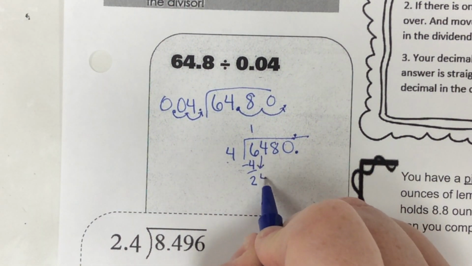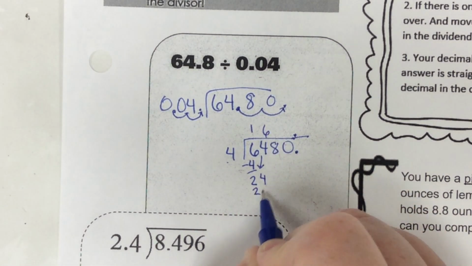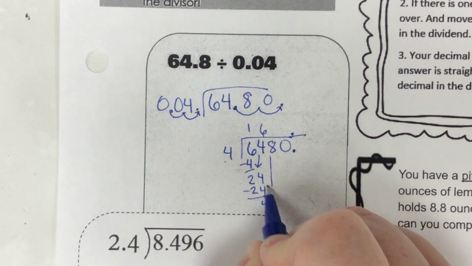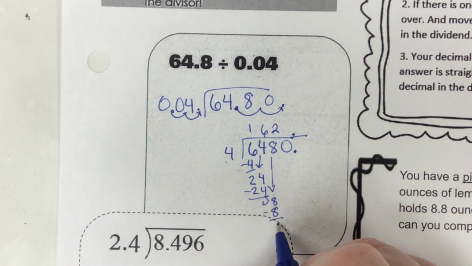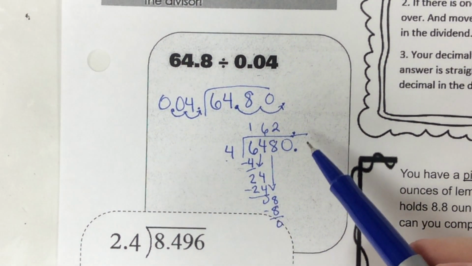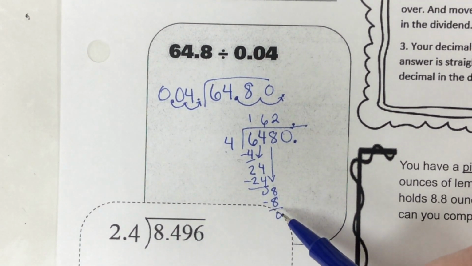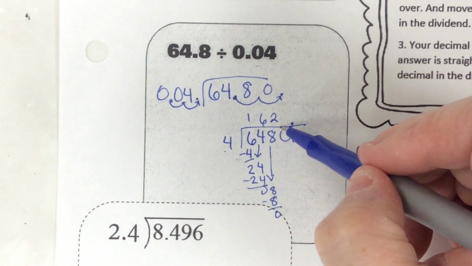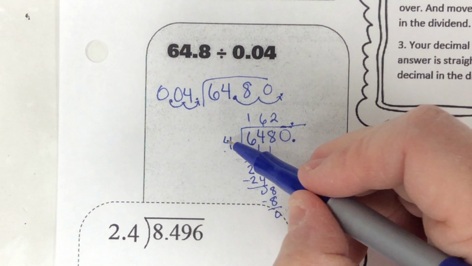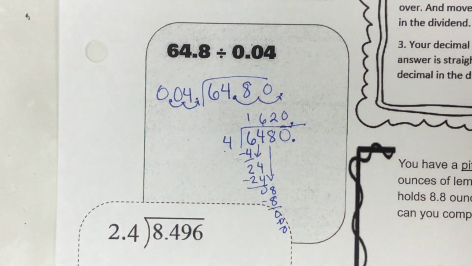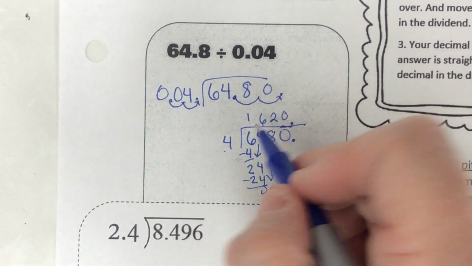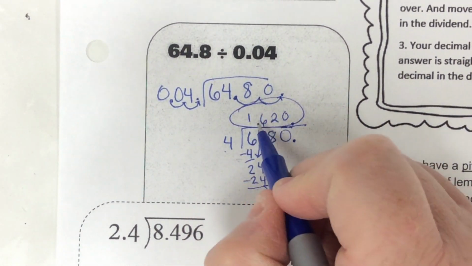I bring down the 4. 4 times 6 is 24, and I subtract and get a 0 and bring down my 8. 4 times 2 is 8. Now subtract and get a 0. Now I'm not done. Just because I have no remainders left, I still have a digit here that I haven't used. So 4 goes into 0 times. And I subtract and get 0. So this answer is 1,620.